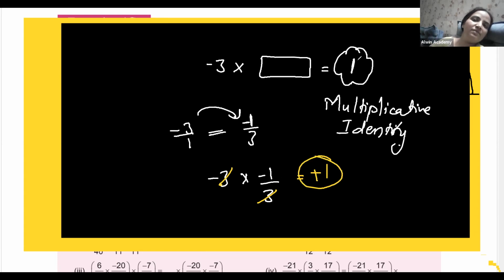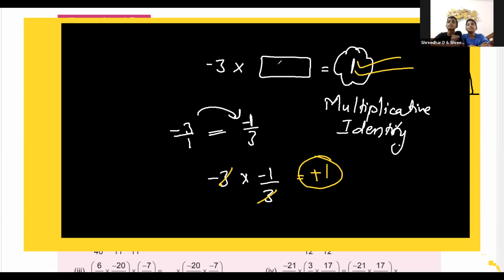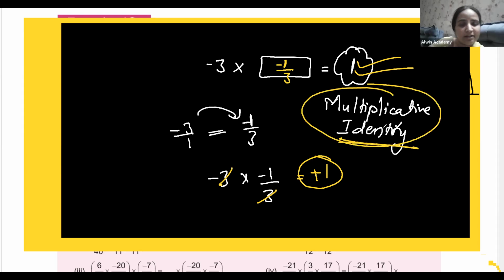The answer is +1, which you actually want. So in multiplicative inverse, when you are trying to get multiplicative identity, you always flip the number. In additive inverse, you always reverse the sign.